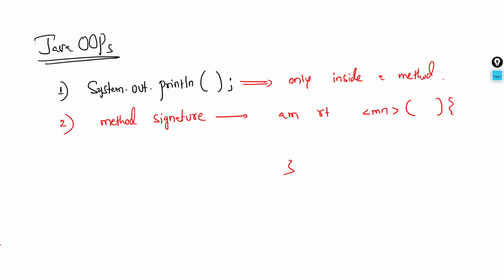In this entire method syntax, the method signature is nothing but the name and parameters together. This is called the method signature. From now onwards, I'll be using the term method signature the most. That means the method name and parameters together, not only the name or only the parameters. So this is one more terminology.